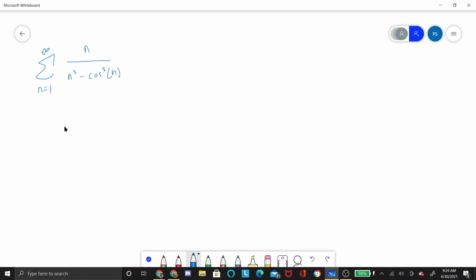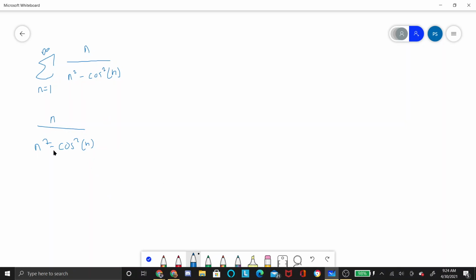We can say that this fraction has cos squared n in the denominator. Well, cos squared n, the greatest this will ever be is 1, because cos of anything, the greatest that'll ever be is 1, and squaring that is 1. The rest is just decimals, and decimal squares are less than decimals.